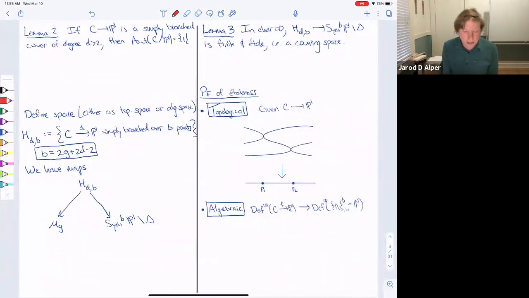Okay, so on the next slide, I have some other important properties of simply branched covers. The first is that simply branched covers, if the degree is greater than 2, have no automorphisms, meaning that there are no automorphisms of C over P1.